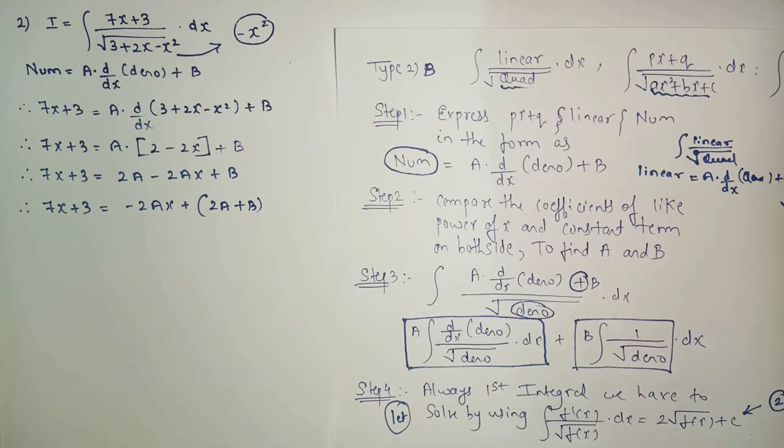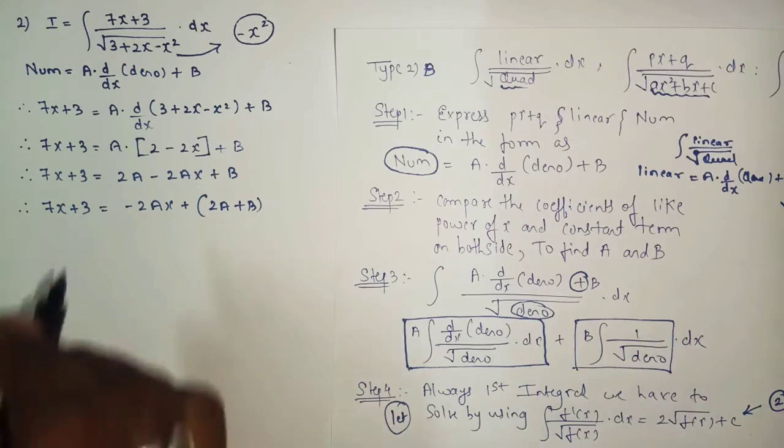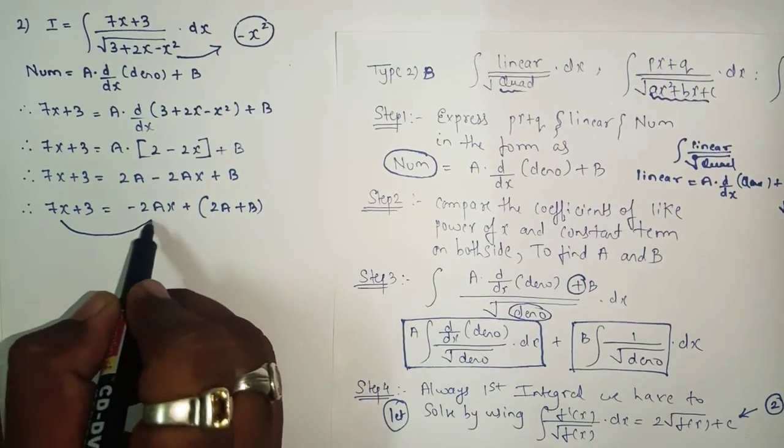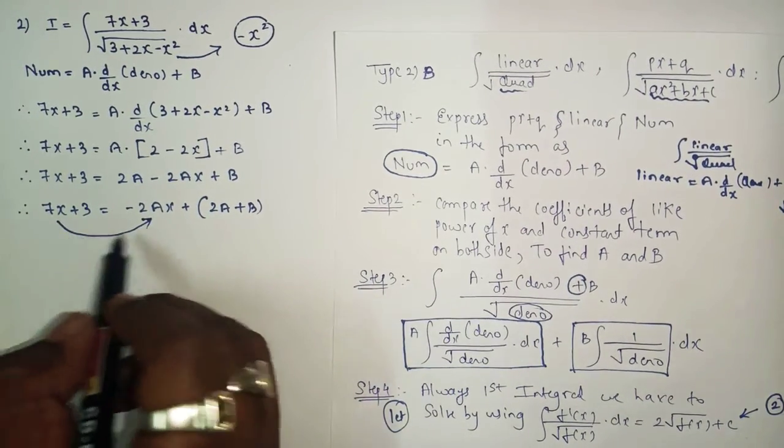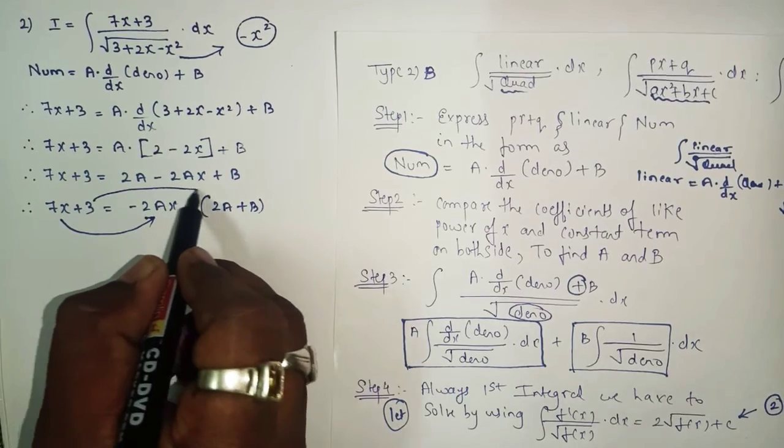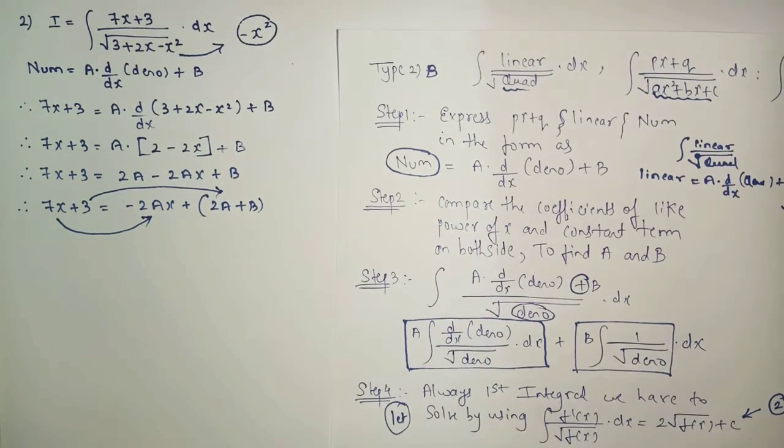As here clearly we can see that now the equation is balanced, as there are one term with the like power x and one term without x. Now we can equate the left hand side and right hand side part.